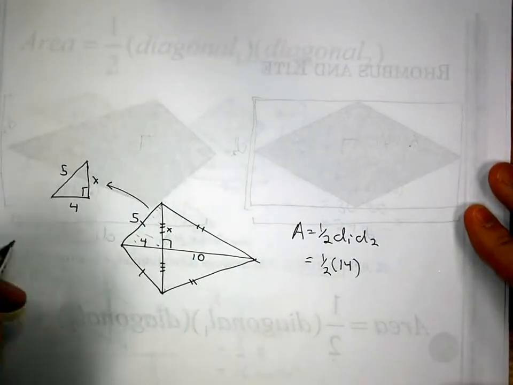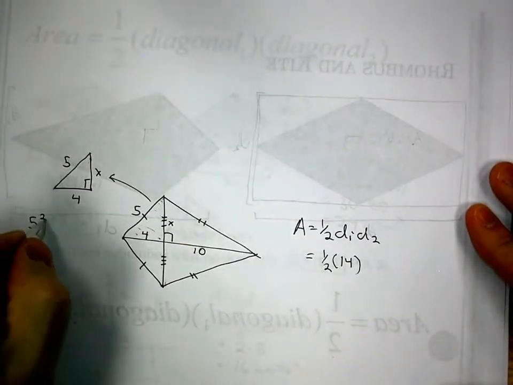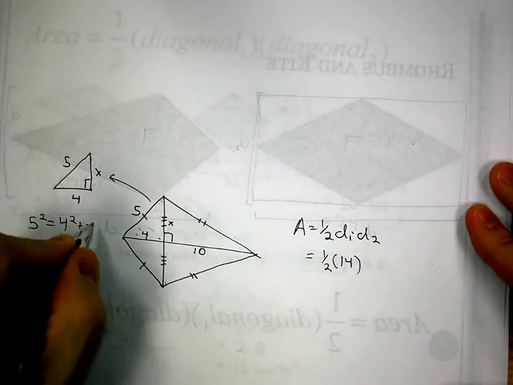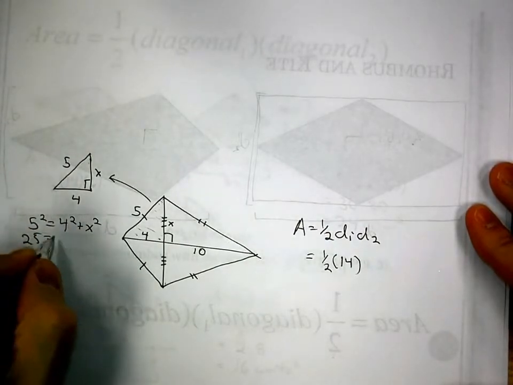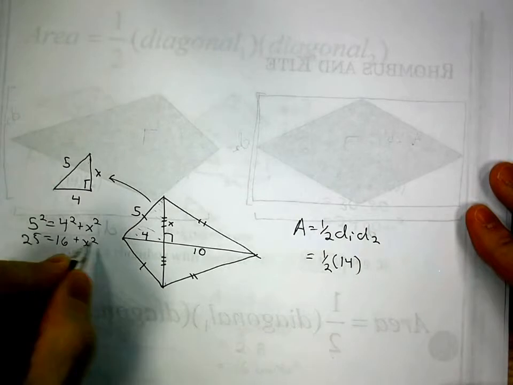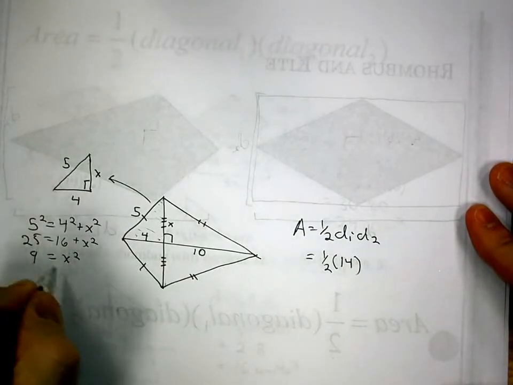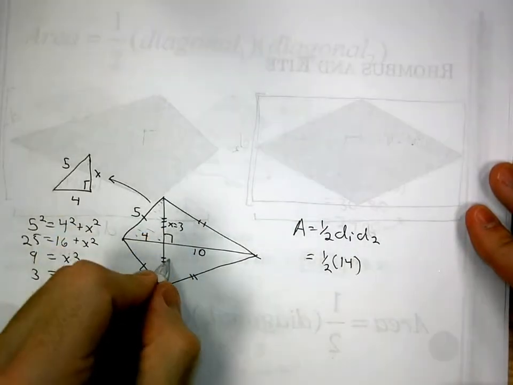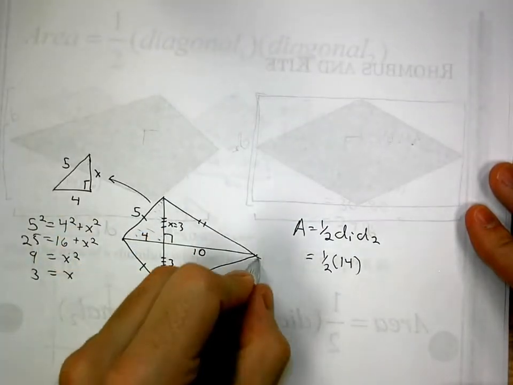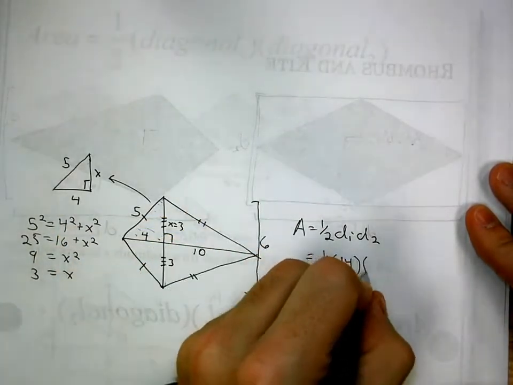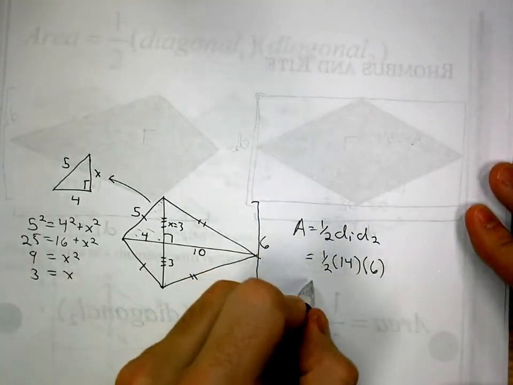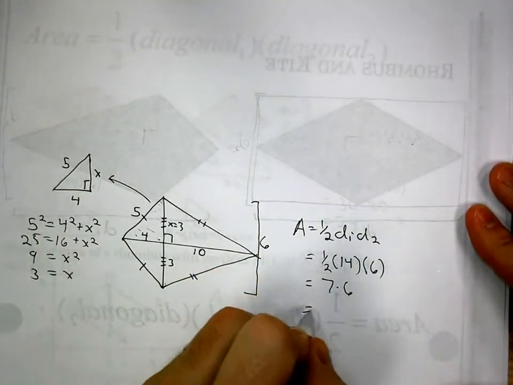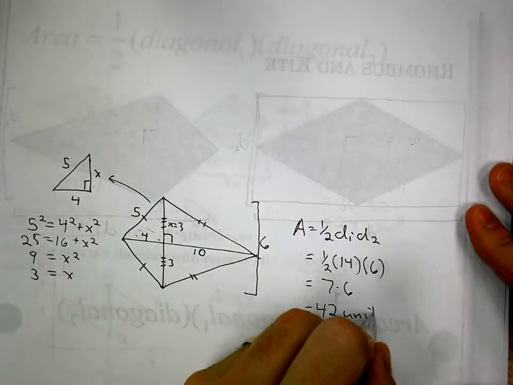I can use Pythagorean theorem there to get 5 squared equals 4 squared plus x squared. 25 equals 16 plus x squared, so x squared comes out to be 9, and x is 3, which means this is also 3, so our second diagonal is 6, and now when we can solve, it comes out to be 7 times 6, or 42 units squared.